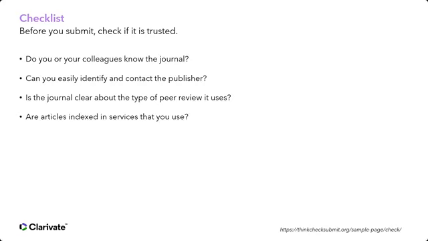Then articles indexed in services that you use. So I'm not talking about Google Scholar or just Google. Make sure that you are able to identify these content types within subscribed databases from your library. So make sure that from your library's portals or websites, you're able to identify these journals directly, and identify the articles that belong to those journals.